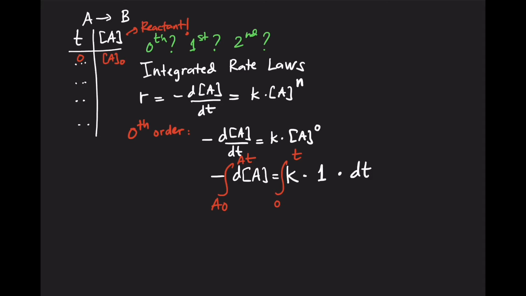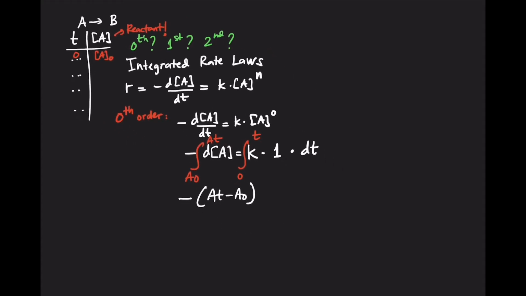Now, by doing this integration, we will get the equation as such. The integral over here is going to be minus At minus A0, and on the other side we will have kt minus k0.